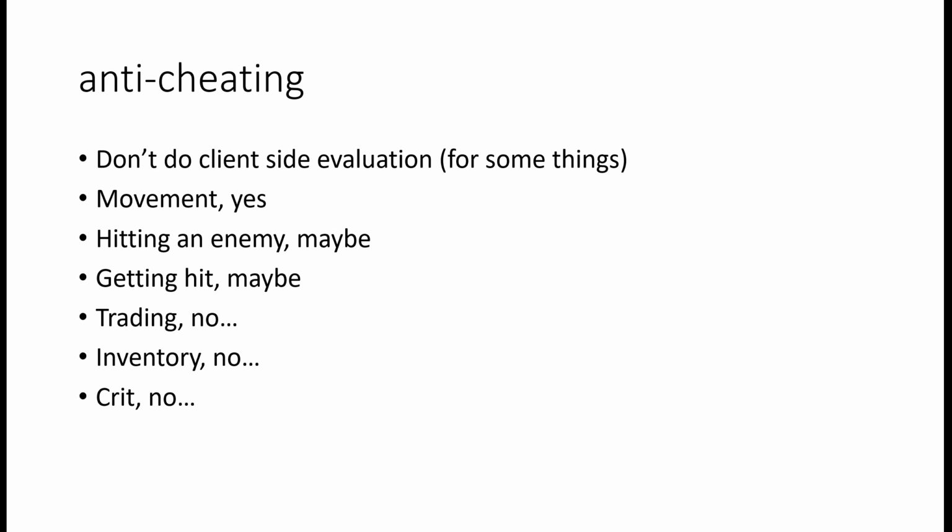One of the most important things is you should not rely on client-side evaluation for most things. There are some things that you need to do it for, like movement. You don't want the client to be forced to walk to different places by the server. You want the client to tell the server where it is.